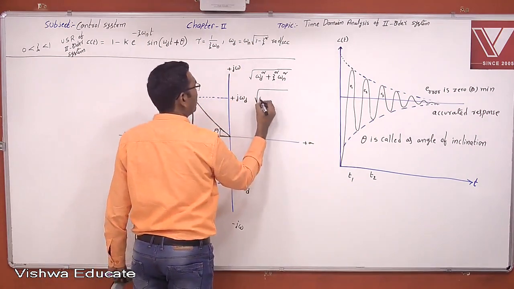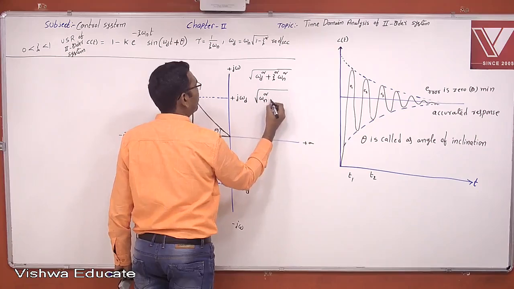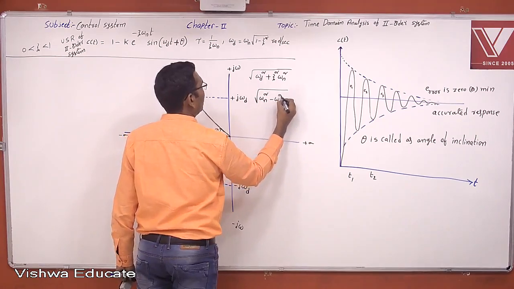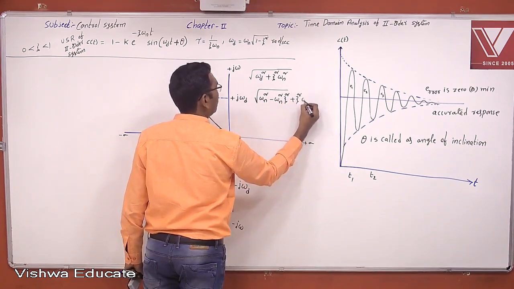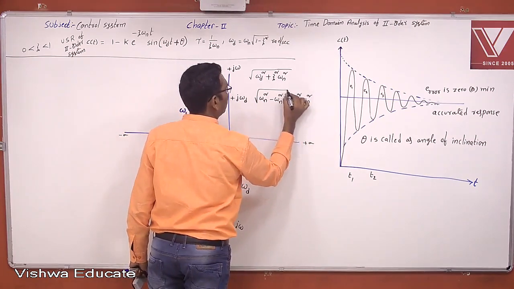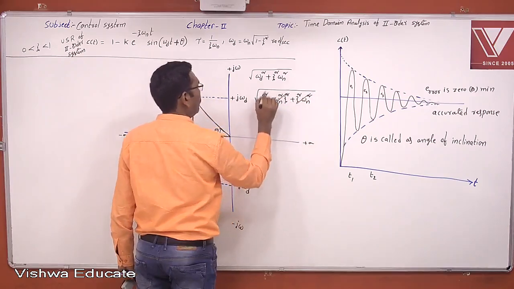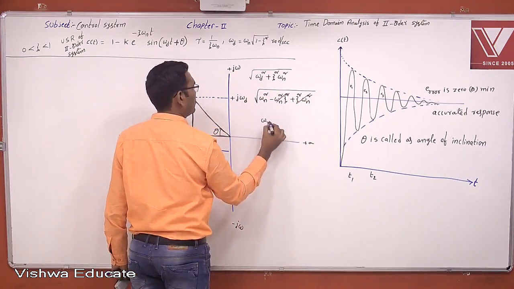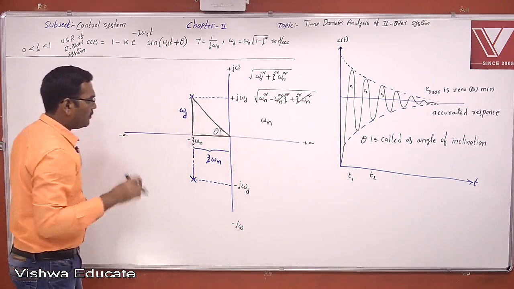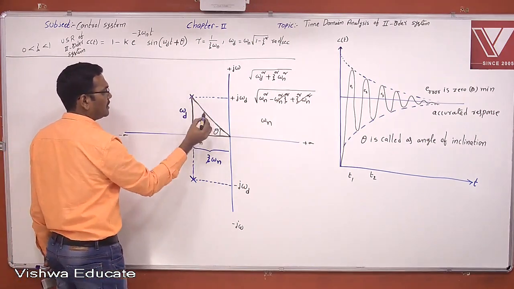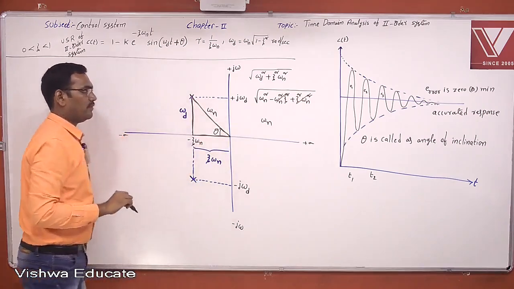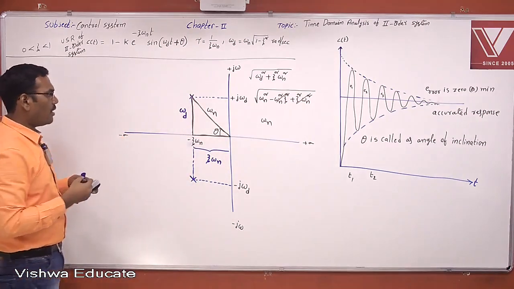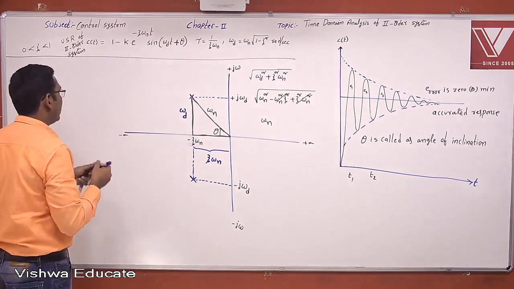Omega d square is nothing but omega n square minus omega n square into zeta square, plus zeta square into omega n square. So this is cancelled. Therefore this hypotenuse distance is nothing but omega n, the undamped natural frequency of oscillation. What we want is the angle of inclination theta.